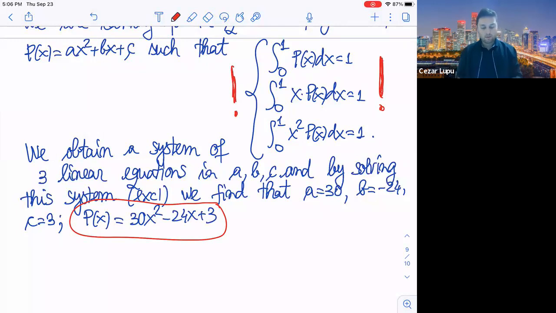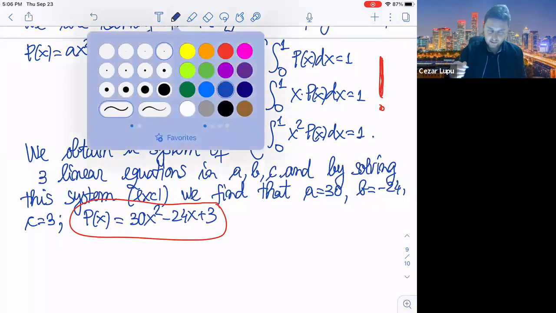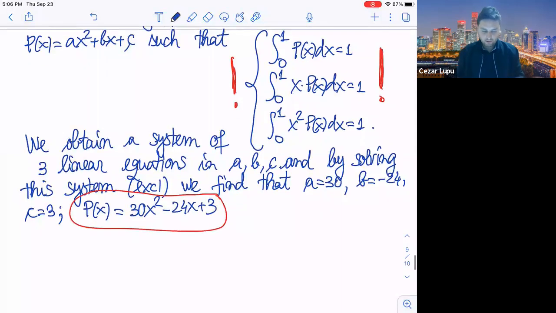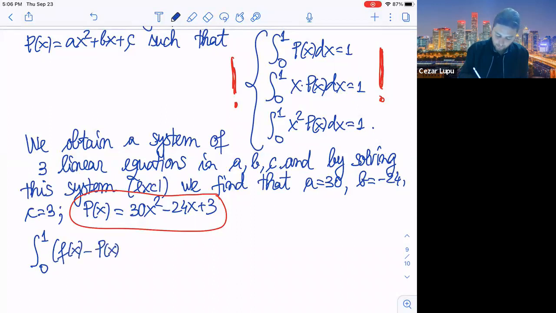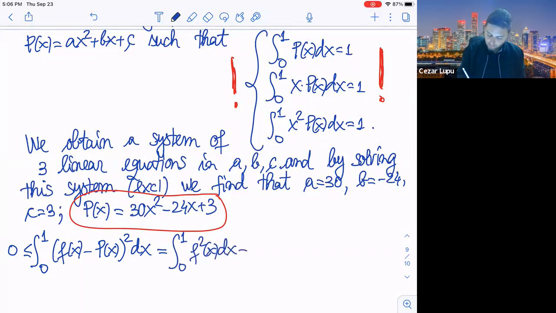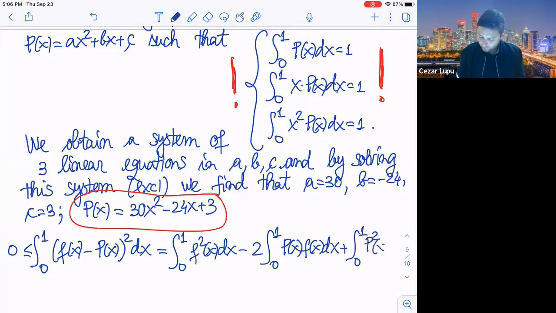All right, that's great. So what we can do now is just doing the typical stuff. We're going to consider this integral. This is clearly non-negative. Now we're just going to do the computations here. So this would be the integral of f of x minus p of x, squared, which is the integral of f squared, minus 2 times the integral of p of x times f of x dx, plus the integral from 0 to 1 of p squared of x dx.